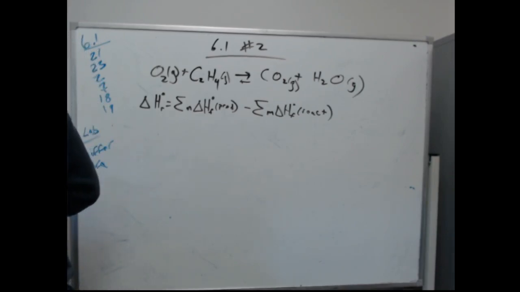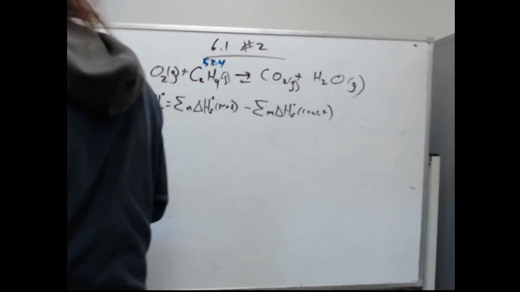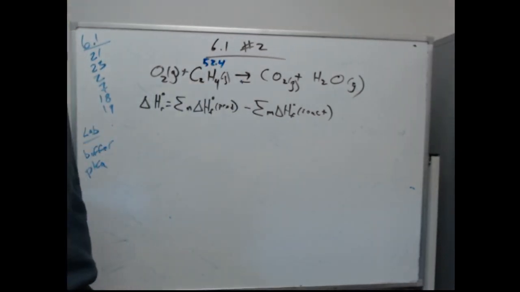And we're going to find these different compounds. Let's see here. C2H4 is 52.4. I'm just going to write these numbers down. 52.4. O2 I already know is going to be 0. Before I switch pages, let's see if CO2 is right here.